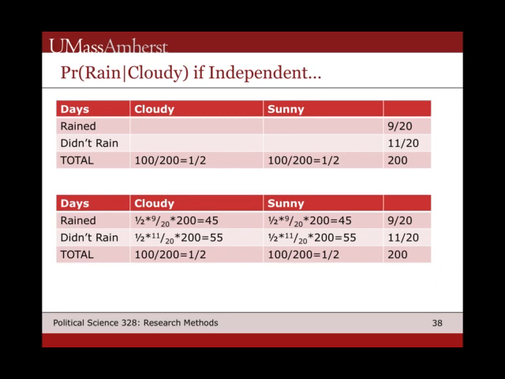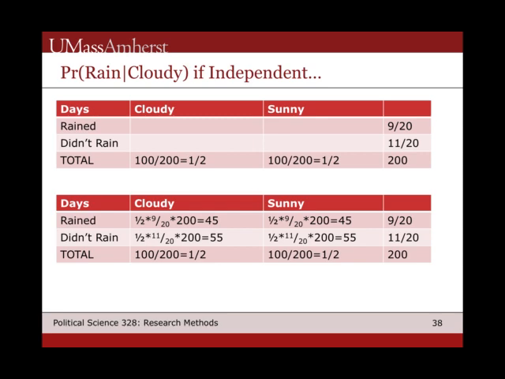So we can use our earlier equation of independence and do the calculations and figure out that there should basically be 45 days, if we assume we have 200 days overall, 45 days where it rains, 55 days where it doesn't, in both the top and the bottom. So that's just our expectations if things were independent.